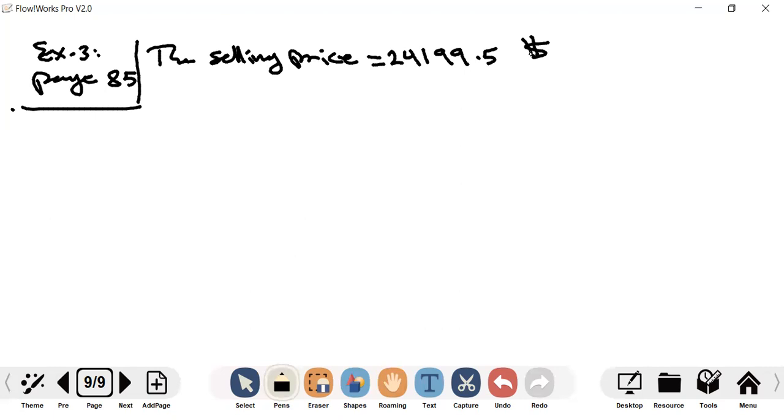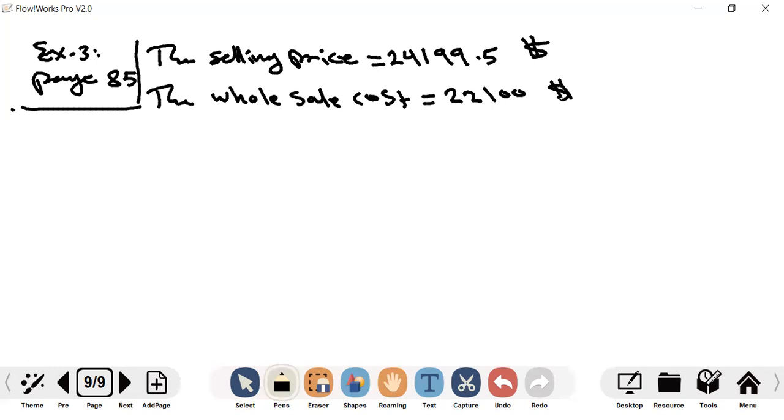Then Ben researches to find the wholesale cost. And Ben wants to know the wholesale cost. The wholesale cost is $22,100.